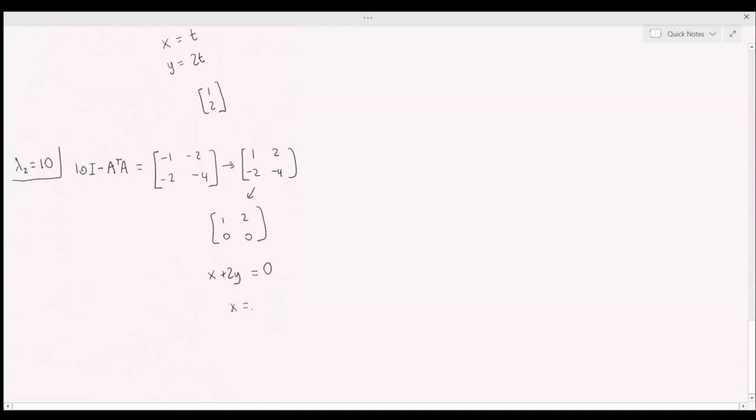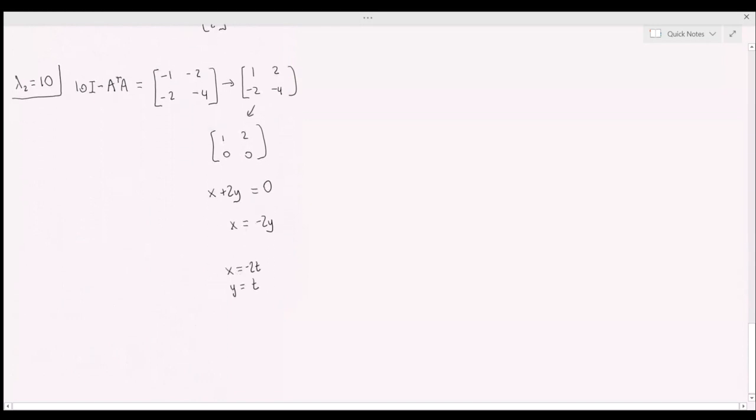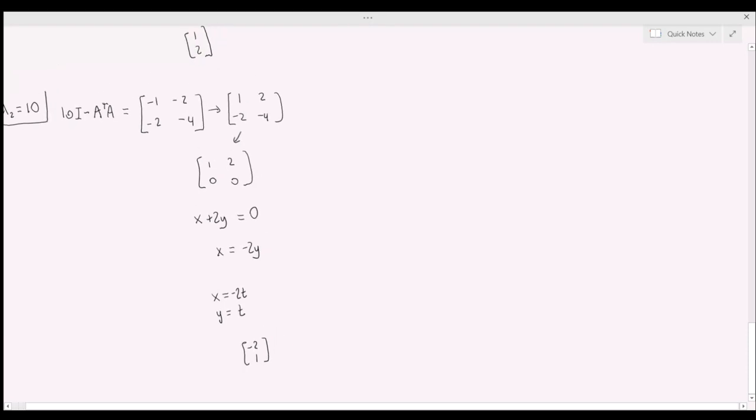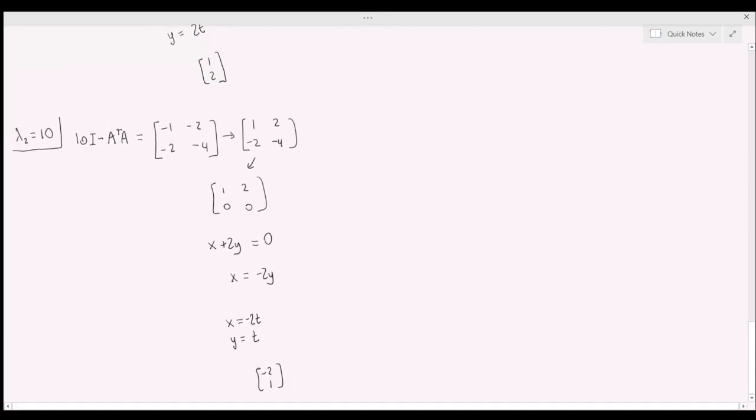Here, let's do x is -2y. So if I choose y to be the free variable, we could write x as being -2t. And then looking at just the coefficients of t, we will get -2, 1 as one of the eigenvectors, okay?